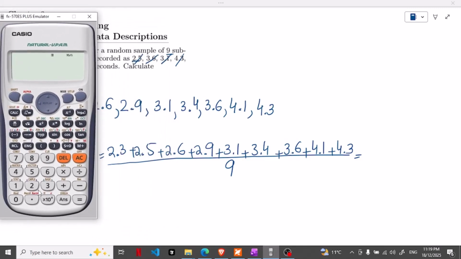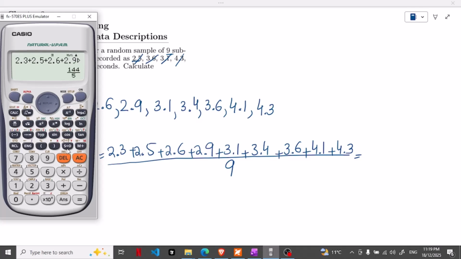So 2.3 plus 2.5 plus 2.6 plus 2.9 plus 3.1 plus 3.4 plus 3.6 plus 4.1 plus 4.3.